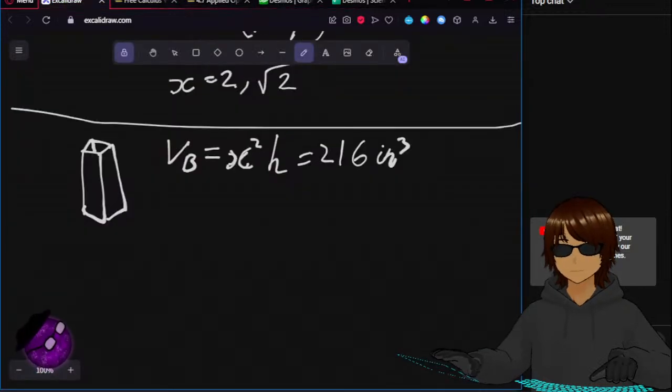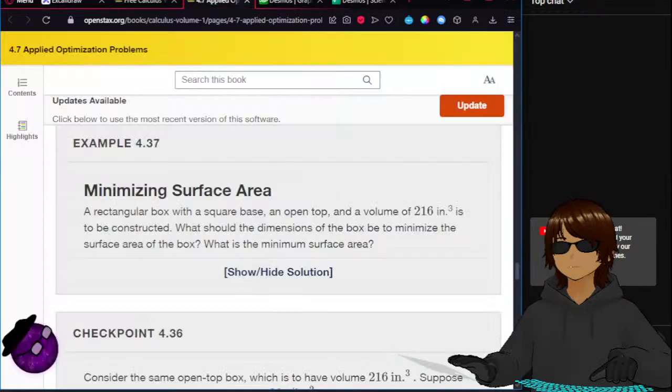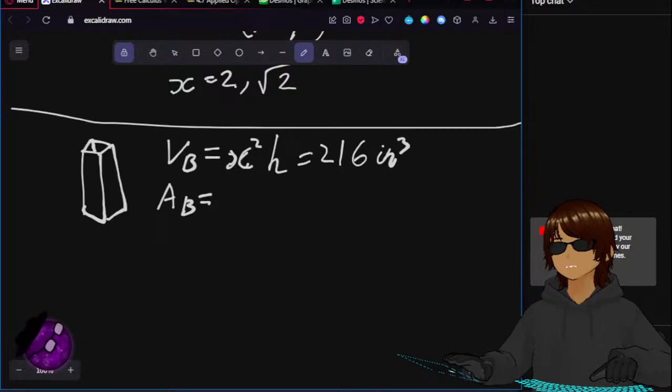So the surface area of the box, and it has an open top, right? What should the dimension be to minimize? Does the inside count for the surface area? Okay, let's assume it does. So x times h, that's one side, and we have four of those sides.